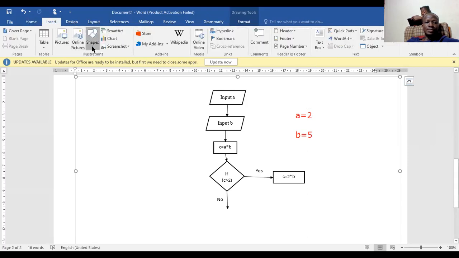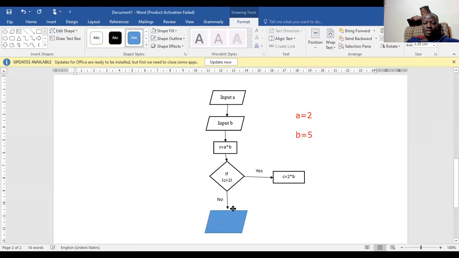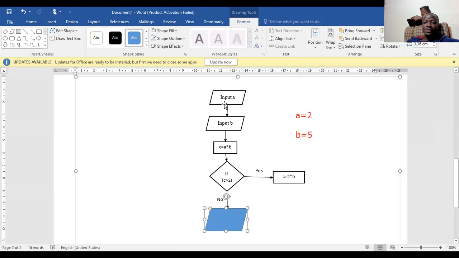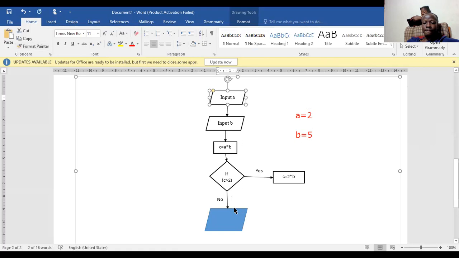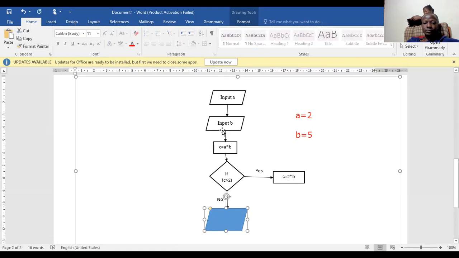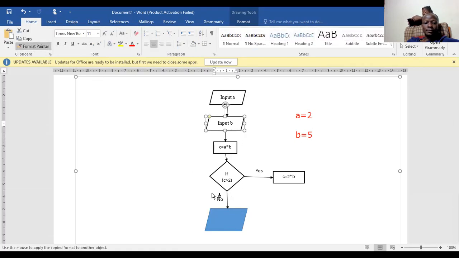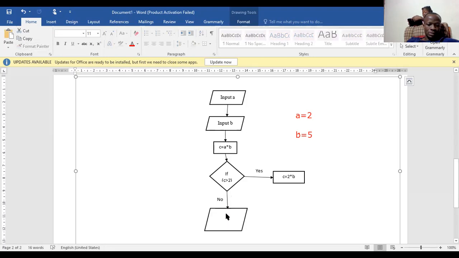So hold on, let me just put the output. So here, inputs and outputs, we are making use of the rhombus symbol. So here, we just want to say something.